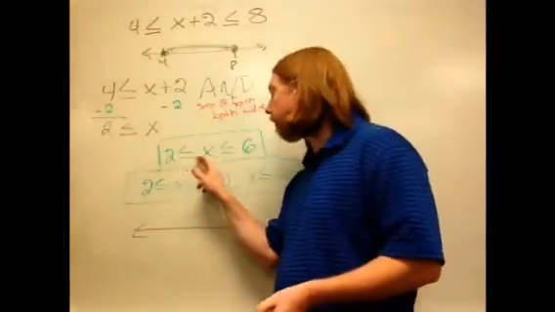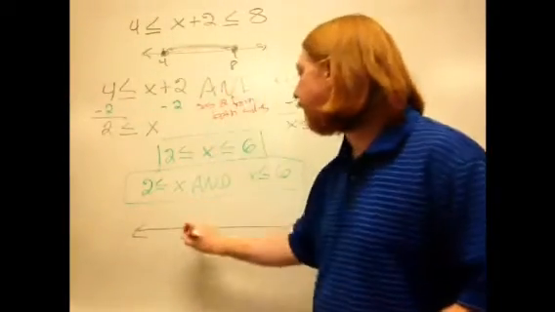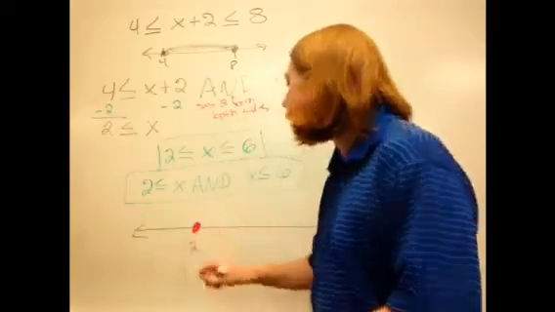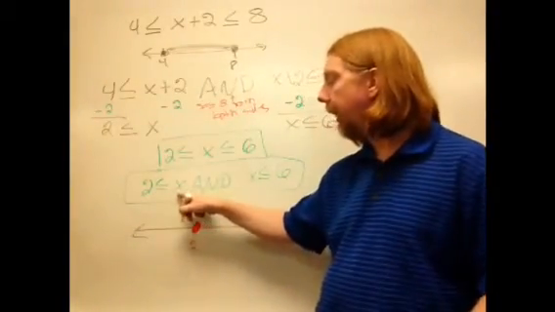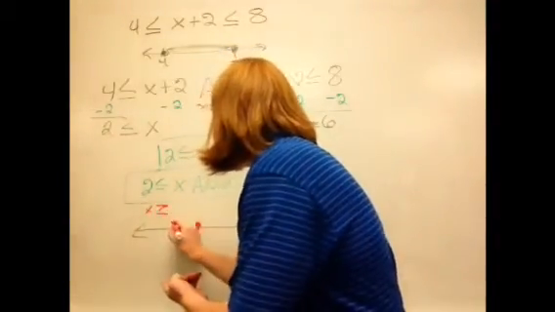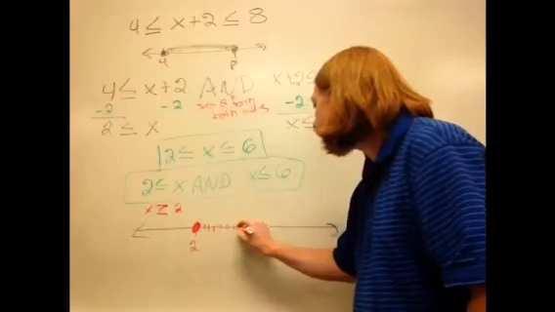So 2 less than or equal to x. Here's 2. Less than or equal to is a solid dot. Now, if I were to flip it around so my variable is on the left, I write it like that, which means I'm going to be shading this way.